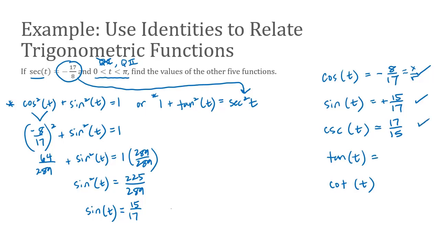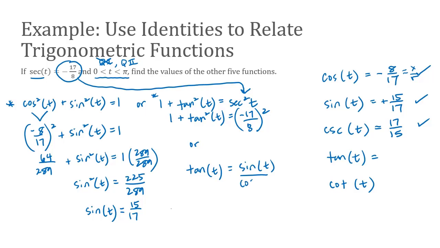Tangent. Again, if I wanted to, I could use the variation of the Pythagorean identity and put in that -17 over 8 for secant. I could do it that way. Or maybe what I want to do, if I feel pretty confident with my value for sine and cosine, I might remember that tangent comes from the sine divided by the cosine.